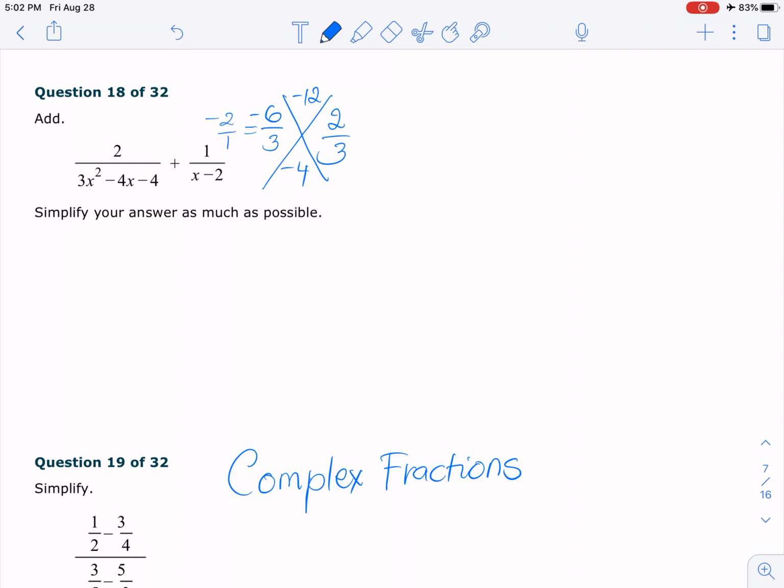So now I'm ready to write my fraction with the denominator in factored form. So I have x minus 2 and I have 3x plus 2. Okay, so for this one I have 1 over x minus 2.